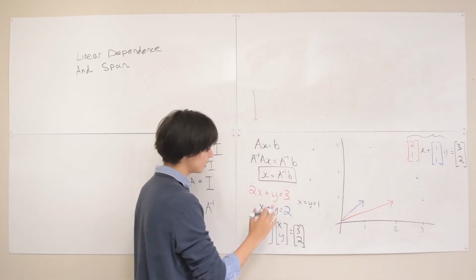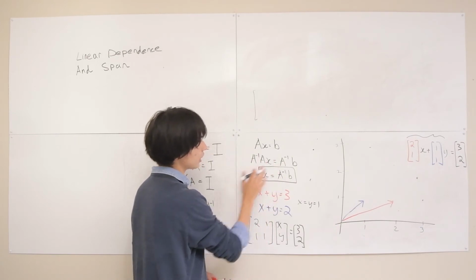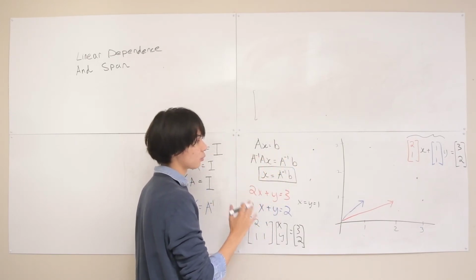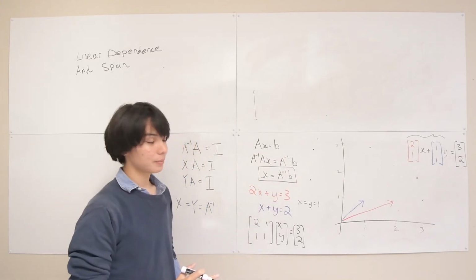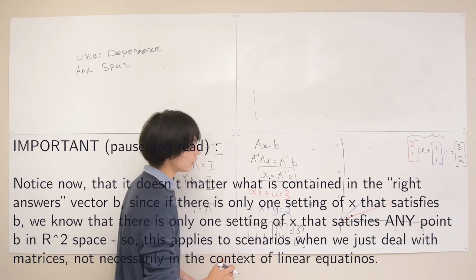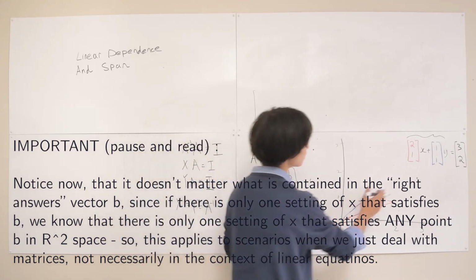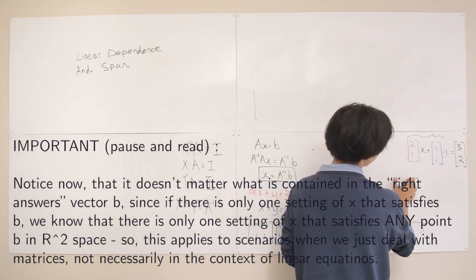If there's only one possible setting of x and y that gives you the answer, that means the matrix A is invertible. So the matrix [2, 1; 1, 1] is invertible because there's only one solution for x and y.